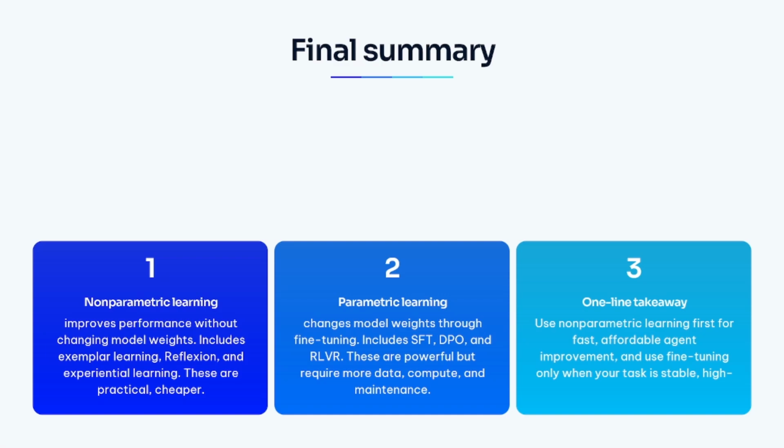These are powerful but require more data, more compute, more maintenance, and more cost. So one-line takeaway: use non-parametric learning first for fast, affordable agent improvement, and use fine-tuning only when your task is stable and it is highly demanded.